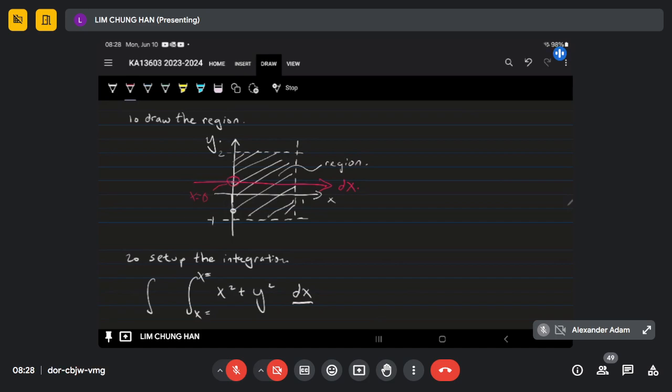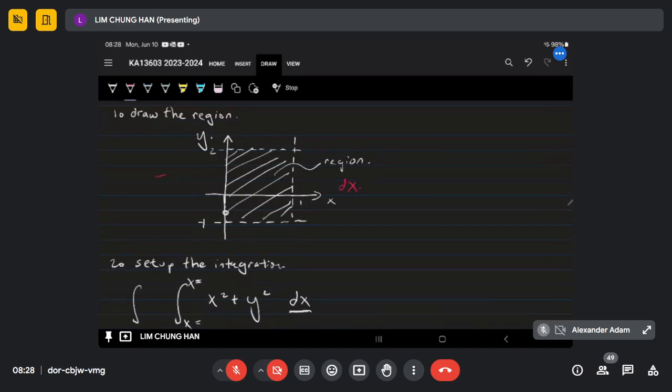Let me do it this way, so it's clearer. You pay attention. Now I'm drawing a red line. That red line hits a point there. That point is x equals to 0. Then I continue with the red line.